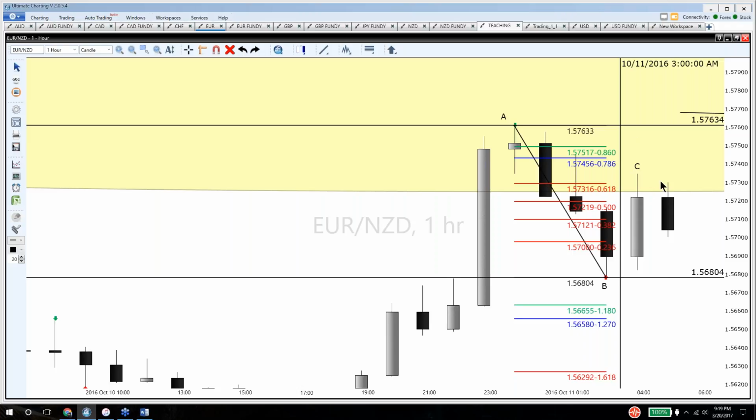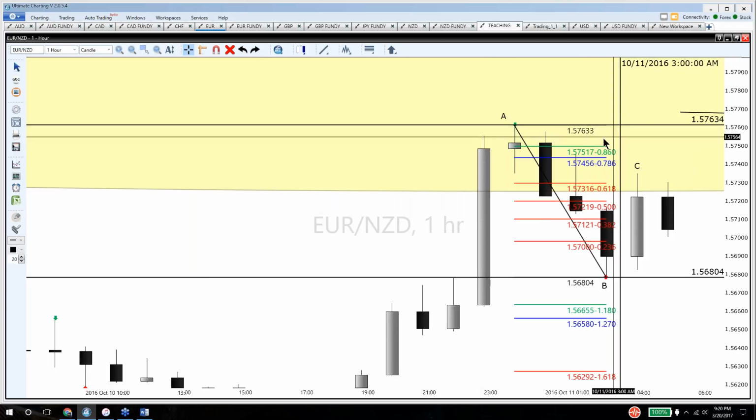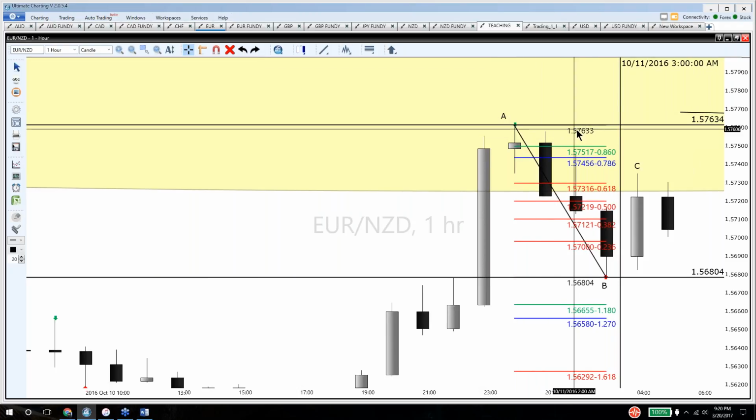This, the AB boundary, and even beyond it, is a playground for the market. Okay? So Doreen, here's my A-B boundary. C must always be the nearest point to the A after the B. Here's A, right? This is my A price, 1.5763.